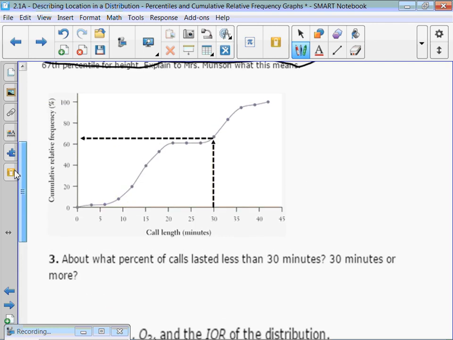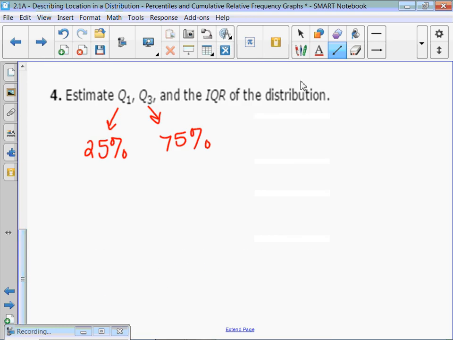So 25%. This time start on your percentages. This is about 30, so this is about 25. And someone who can see that, how many minutes is that? Good. So 25% is 13 minutes. That means that 25% of them are 13 minutes or less.